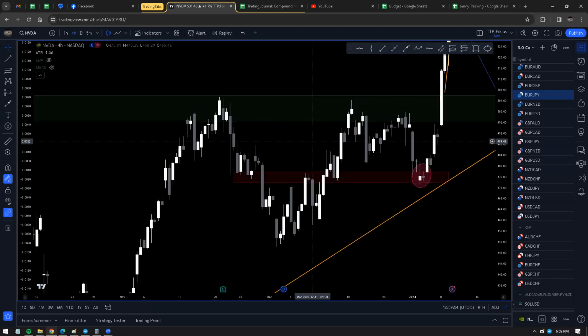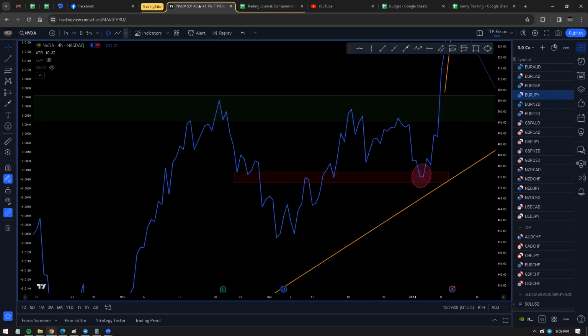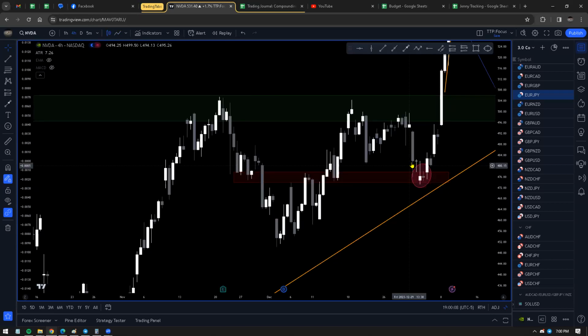Like on the 4-hour time frame, this zone would have been nice because it was nice and clear, especially clear in the line chart. You had a zone that was nicely respected, and then price came down here and paused for a little bit. You got rejection, small candle, big candle, and it's like, okay, cool.